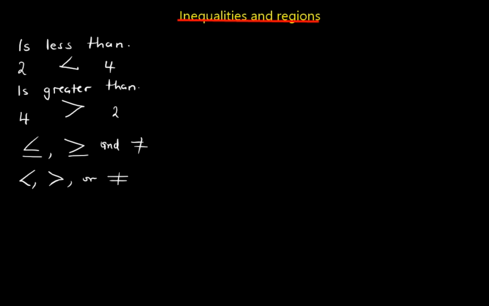If I have two numbers, for example 2 and 6, we shall say 2 is strictly less than 6. And if we have two numbers 2 and 6, we cannot say that 2 is equal to 6. That is not real. Therefore, we say 2 is not equal to 6.